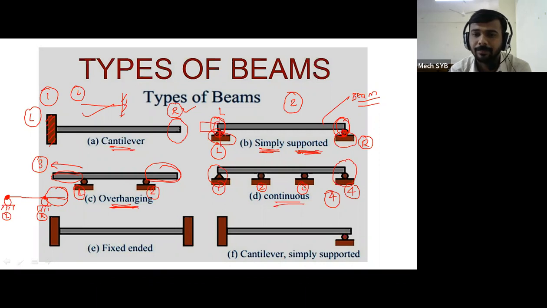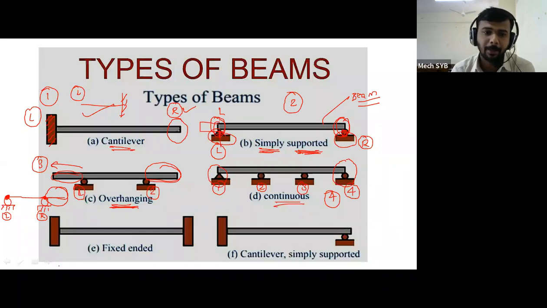But instead of giving the 2 supports, there are a total of 4 supports, and as per our definition, the beam which is supported more than 2 supports, म्हणजे 2 पेक्षा जास्त जर सपोर्ट एकाच बीमला दिलेले असतील तर that beam is called a continuous beam. This is the simple definition.